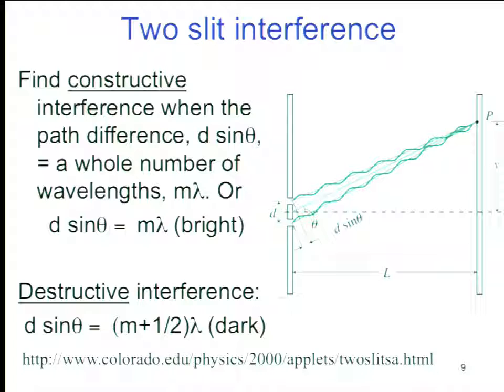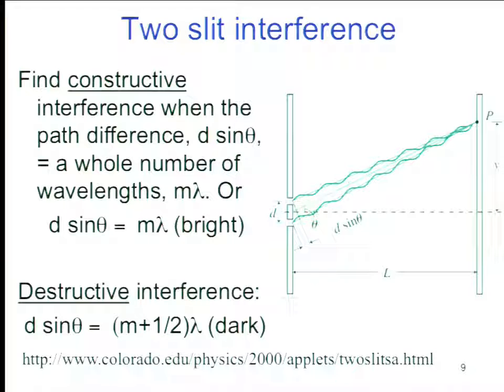Now, if delta R is wavelength over 2, then the phase change: we had 2 pi x over lambda as part of the phase angle of the wave.